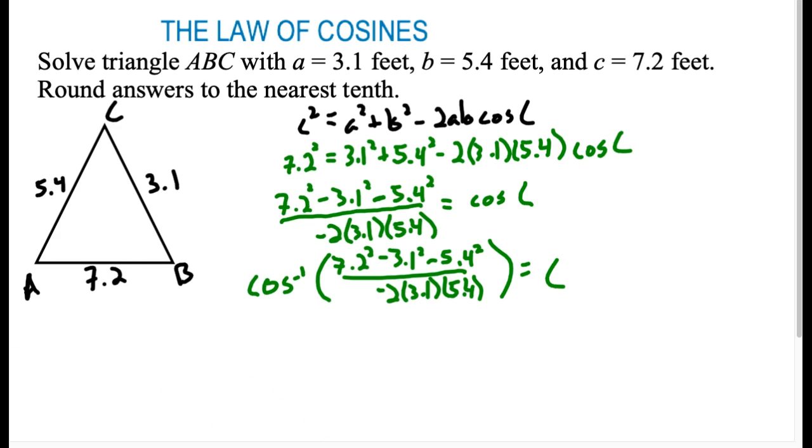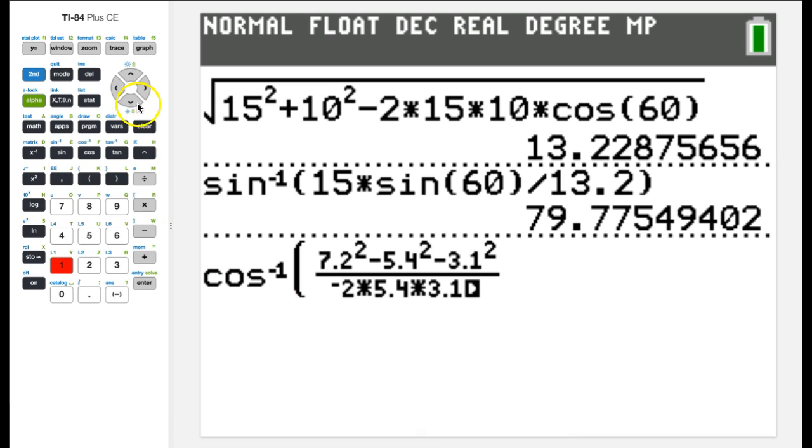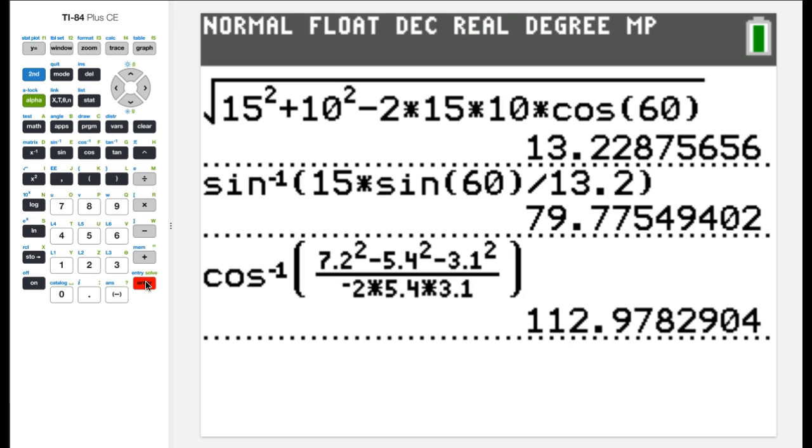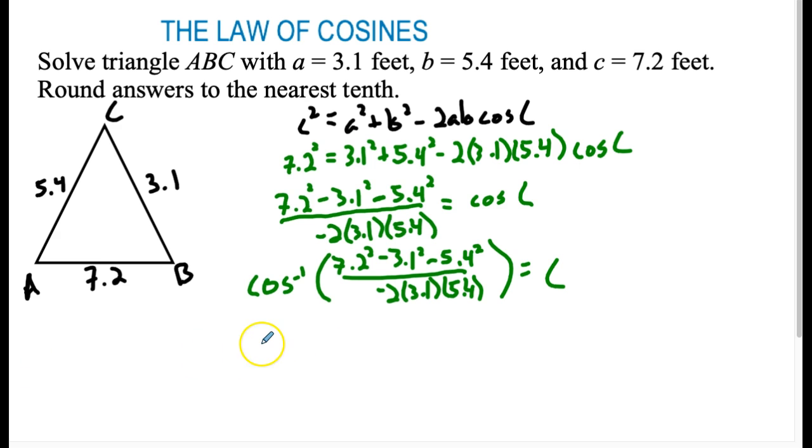Double check. Yep, that looks good. So I get about, if I round to the nearest tenth, 113 degrees. So angle C, we find, is 113 degrees.